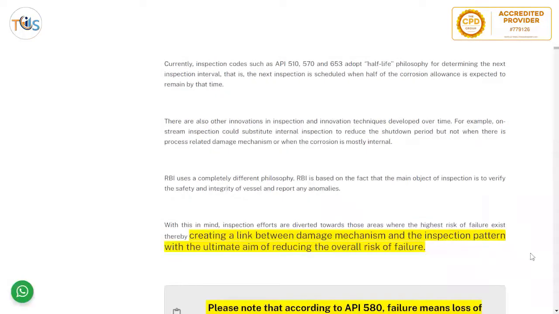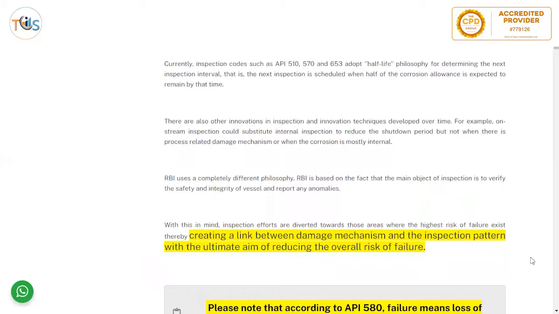There are also other innovations in inspection techniques developed over time. For example, on-stream inspection could substitute internal inspection to reduce the shutdown period, but not when there is a process-related damage mechanism or when the corrosion is mostly internal.